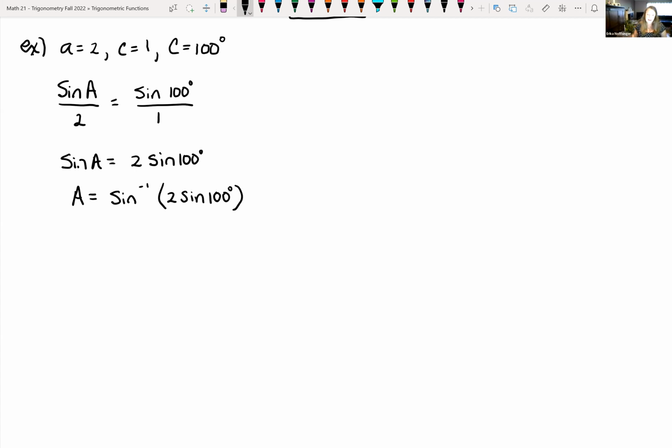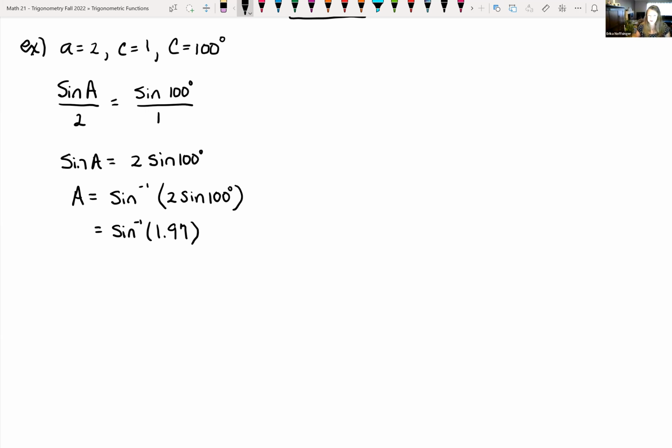Plugging that in, I'm first going to plug in 2 sine of 100 degrees. And I find that that is about 1.97. I know that that is bigger than 1. And so I know that when I look at sine inverse of that value, 1.97, there's going to be an error.